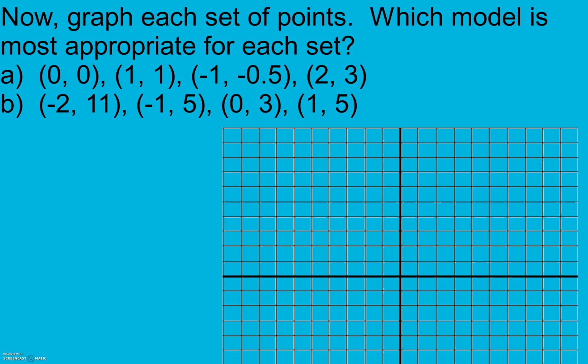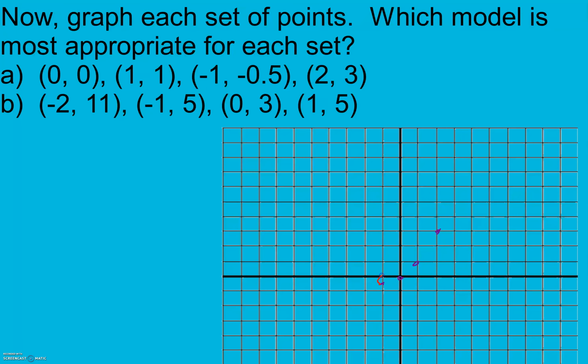Now, feel free to pause here and give this a try if you'd like. I have 0, 0, 1, 1, negative 1, negative 1/2, and 2, 3. If we look here, we only have one side again. And we're going up by a common ratio.